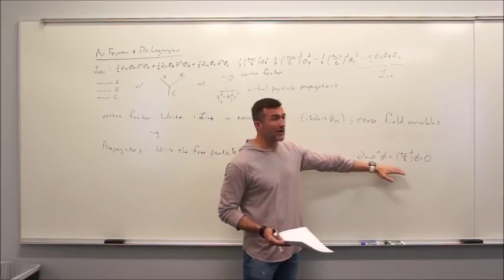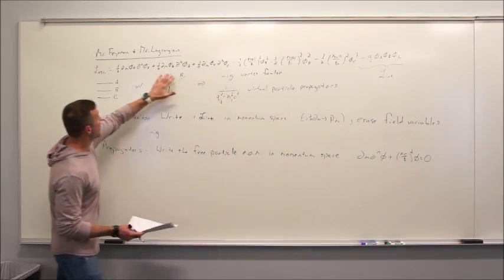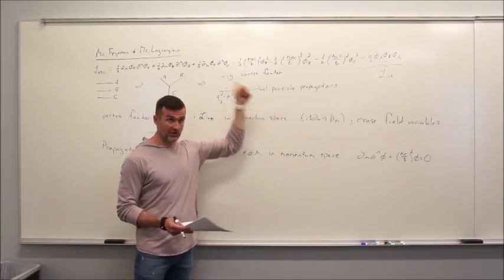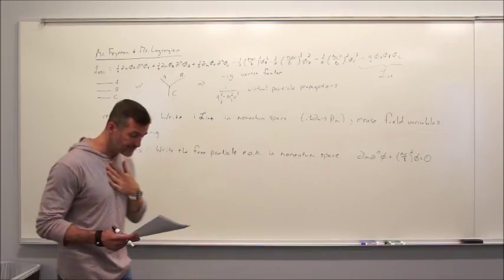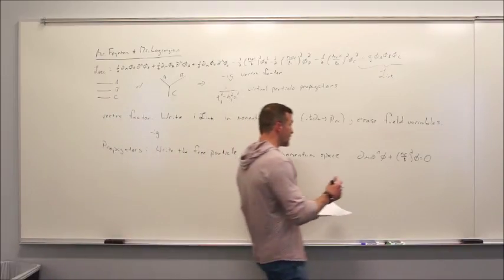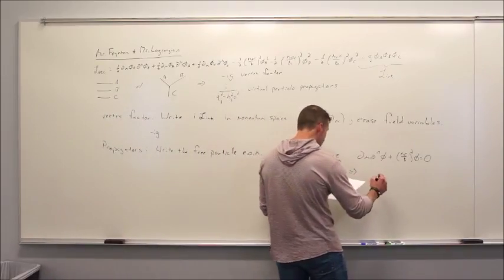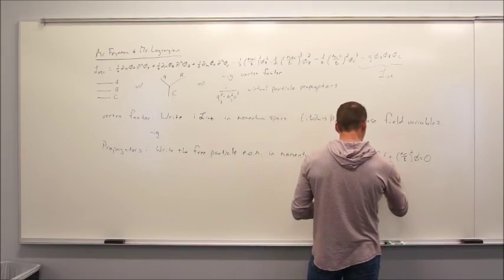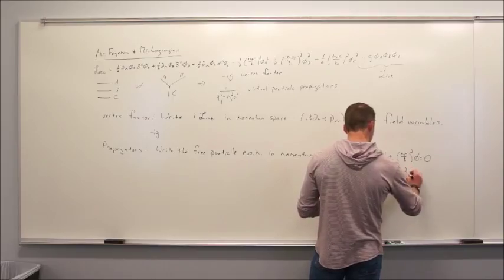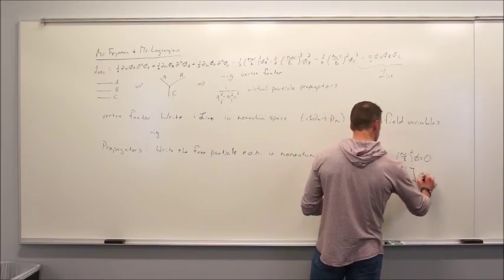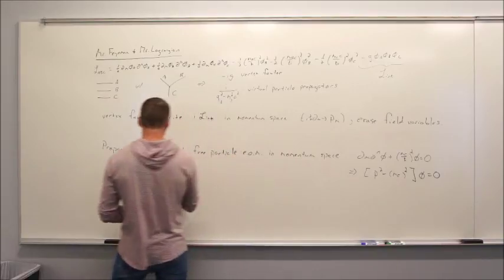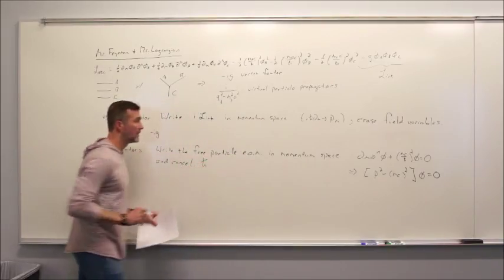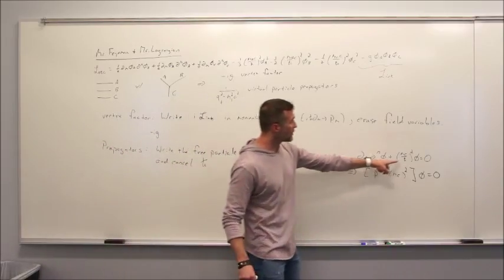Okay, so this is the Klein-Gordon equation. It looks different than the Klein-Gordon Lagrangian because there's a minus there, but this is the equation of motion you get from varying that Lagrangian. And then when we write this in momentum space, we can get rid of the d mu's, and we can also get rid of an overall factor of h bar, because here there's a 1 over h bar squared.